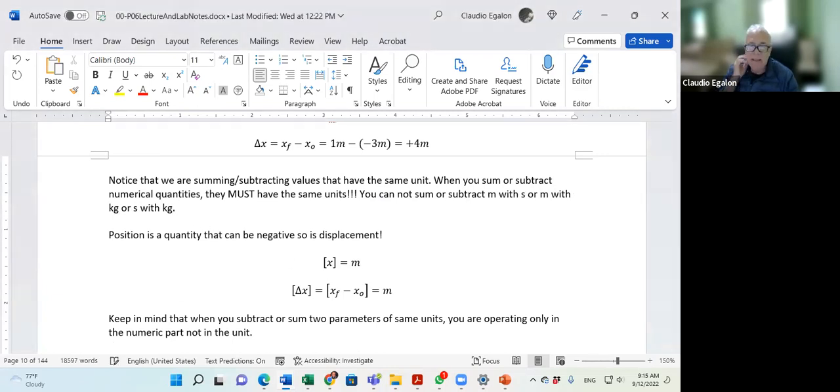Notice that this is a very important rule for operation with units, with values that have units.